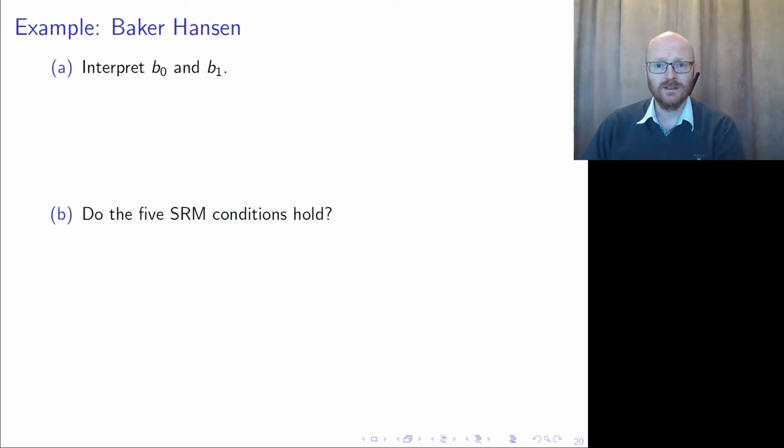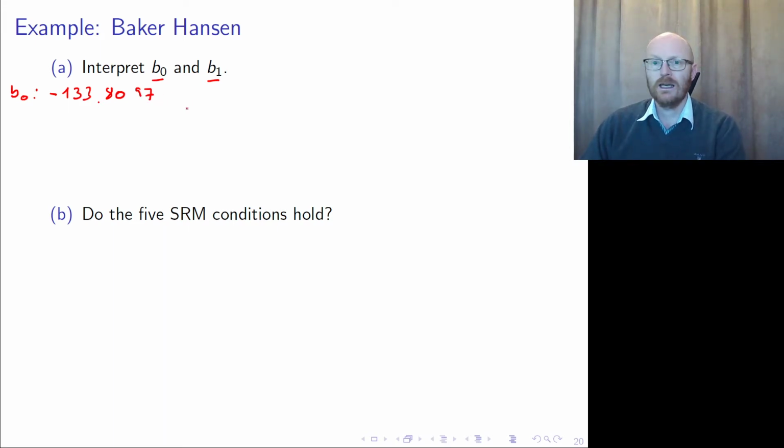So if we continue our example, we have to interpret the B0, the intercept, and B1, the slope. B0 is negative 133.8097.